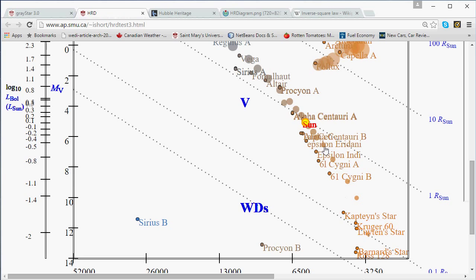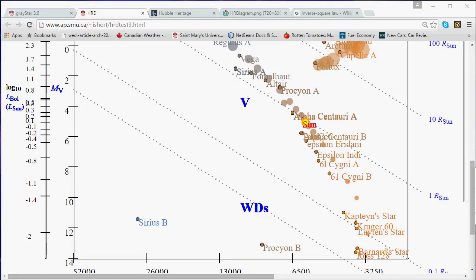In fact, a lot of these nearby stars are not too dissimilar from the Sun. And what's more exciting is that these nearby stars include some around which extrasolar planets have been discovered, such as, for example, 61 Cygni A and Epsilon Eridani, both extrasolar planet hosts that are not too dissimilar from the Sun.